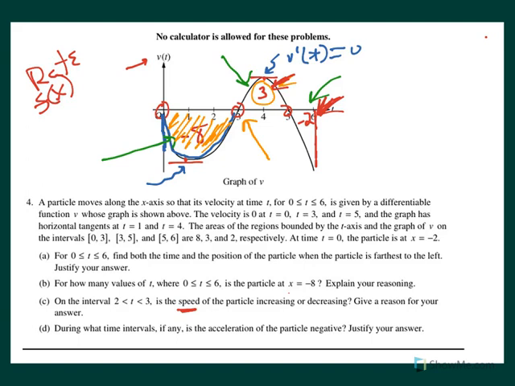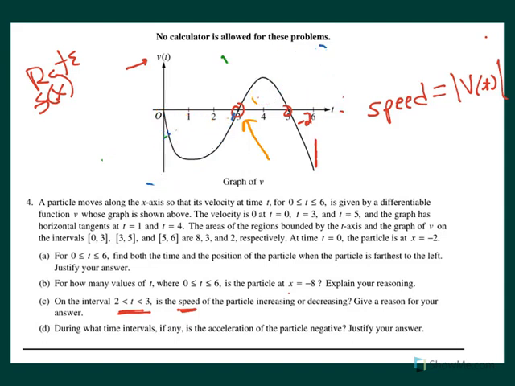So your speed is the absolute value of the velocity function. So speed is always positive. So if we look at the time interval that they gave us from 2 to 3, let's clean up our graph a little bit. So the time interval from 2 to 3, notice we have a velocity here.